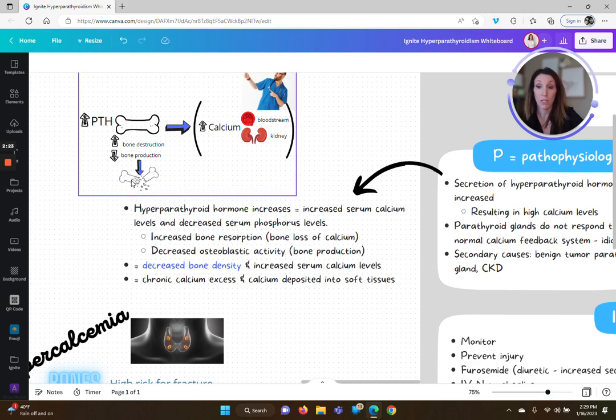It's not making new bone like it's supposed to, and it's destroying bone at an excessive rate. So when it's taking the calcium out of the bone, it is putting that calcium into our bloodstream, which leads to the high level of calcium that we can measure in the serum calcium level. And it's also depositing some calcium into the soft tissues of our kidney, which causes us to have renal stones, okay?